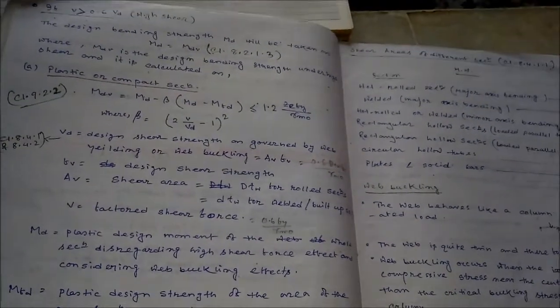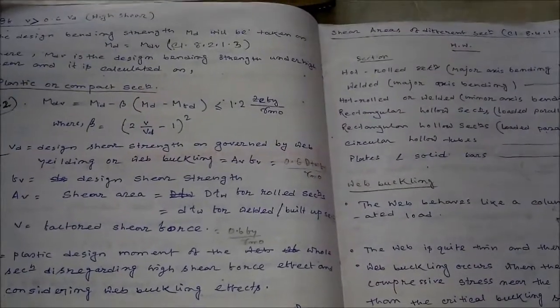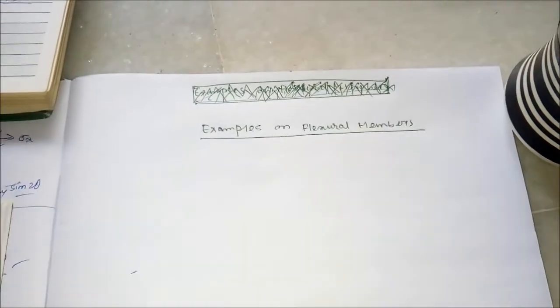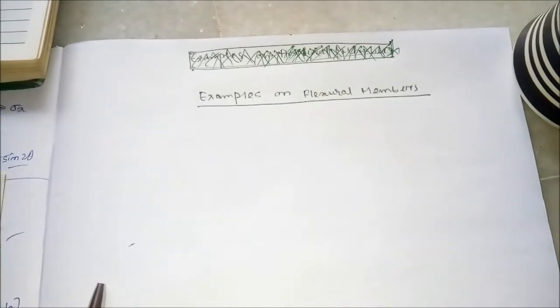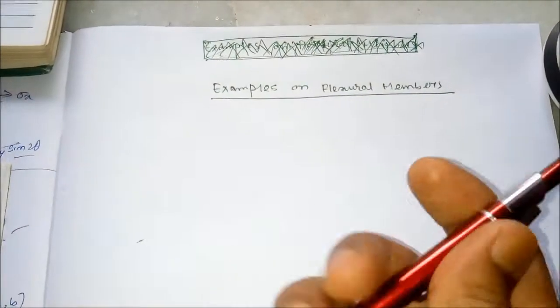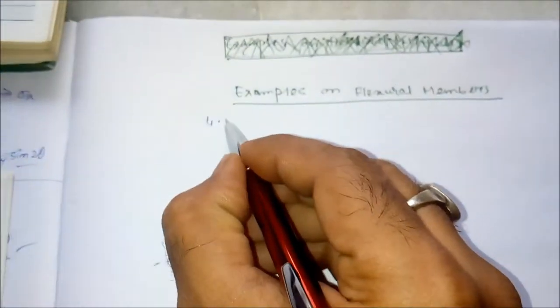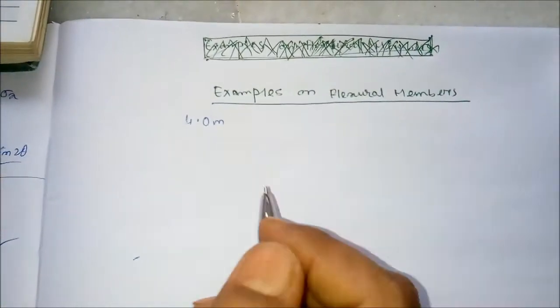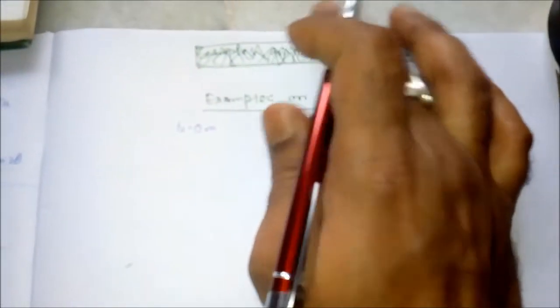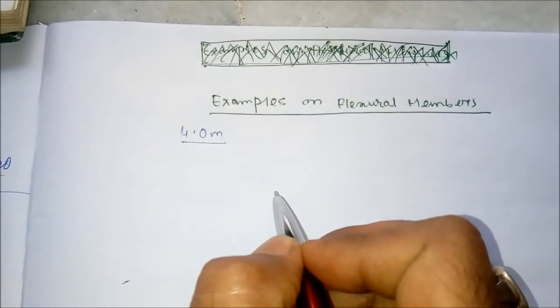Let us consider one example and try to solve it. Suppose a simply supported steel joist, which is a type of beam, of 4 meter length, that is, 4 meter of effective span, and is laterally supported.